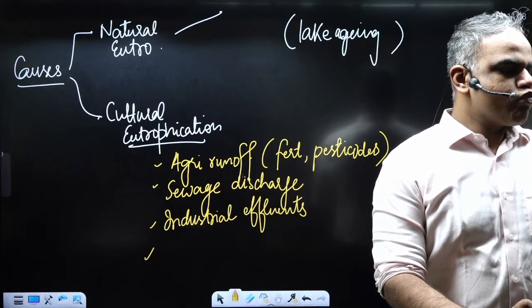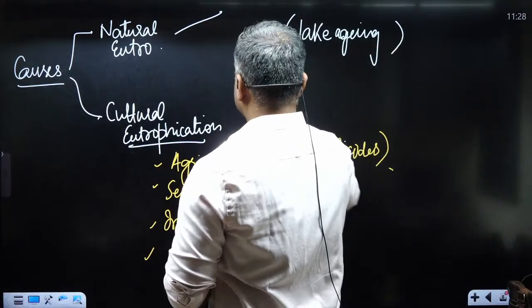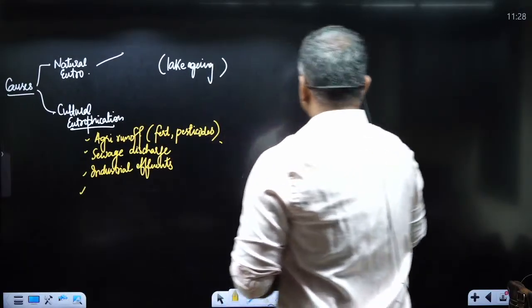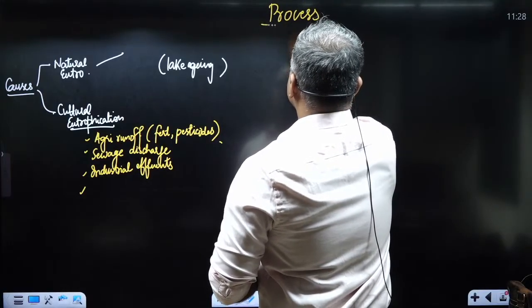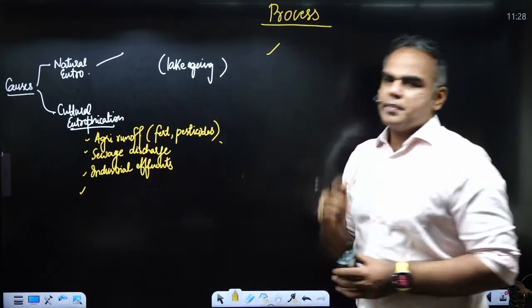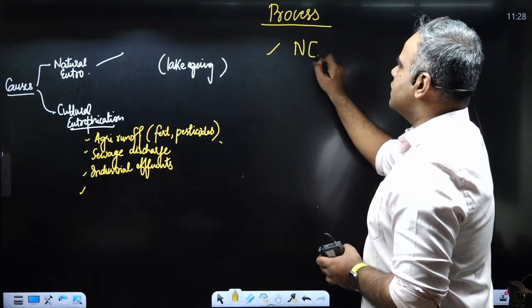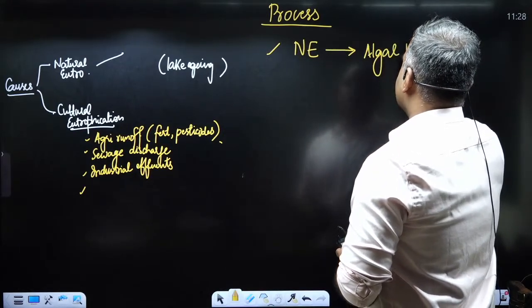ठीक है, अब लिखेंगे प्रोसेस. Causes we've written, and we'll write the process. Very simple process, one by one. Write nutrient enrichment leads to algal bloom.